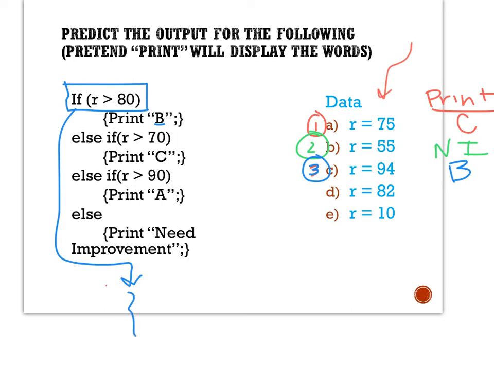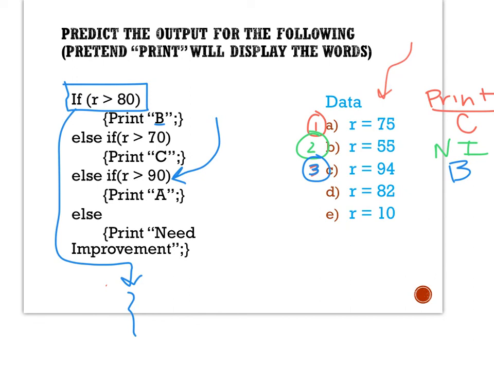So this is the biggest glitch, and this is actually the example I wanted to show you: your computer does not look for the best case. If you look carefully here, the best choice would have been r is greater than 90 and to print A. However, your computer is not smart enough to print the best choice. Your computer finds the first condition that is true in that large conditional statement.